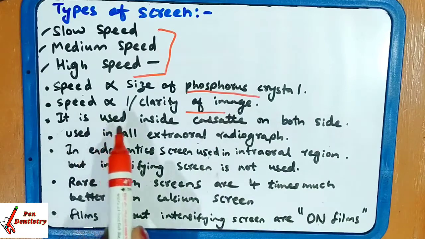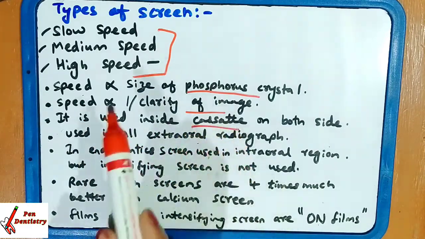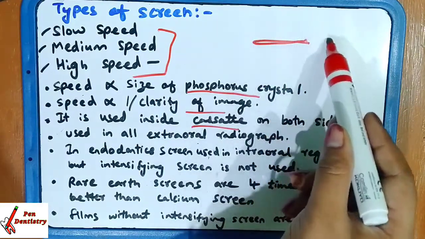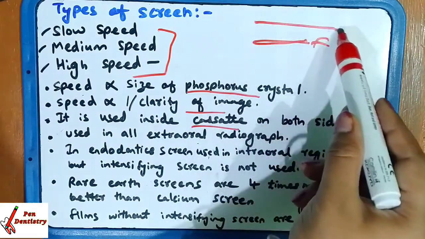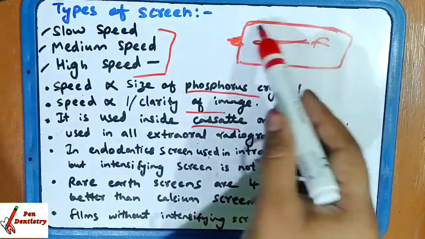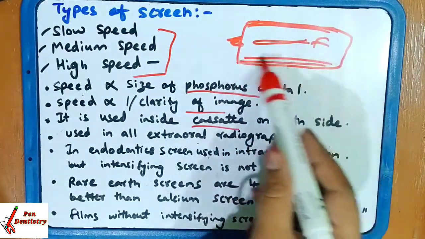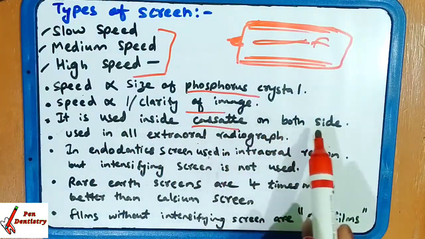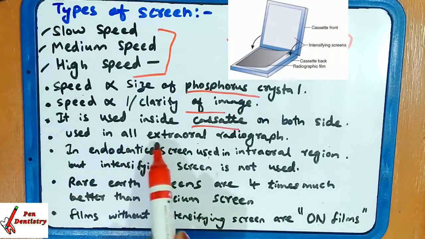It is used inside the cassette. Here, this is the film and it is placed in the cassette. The cassette screen is present on both sides of the film. So it is used inside a cassette on both sides. It is used in all extraoral radiographs.